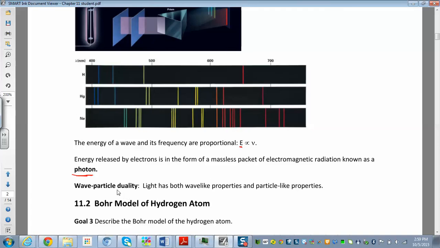We're not really going to get into this too much, but light has both wave and particle-like properties. It's called wave-particle duality. Sometimes it's easier to describe light as a wave, and other times as a particle. Again, we're not going to get too far into that.